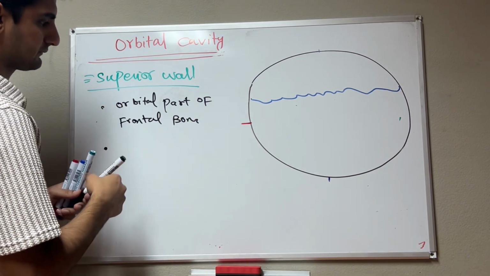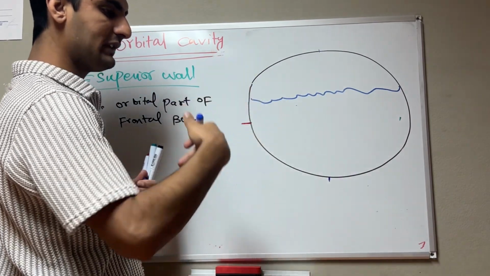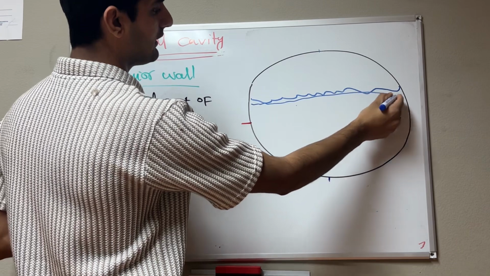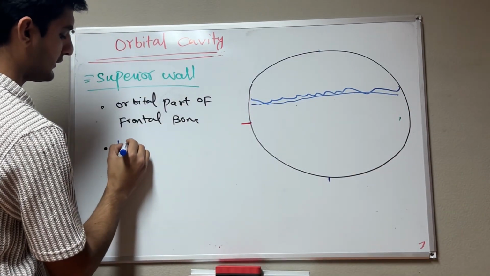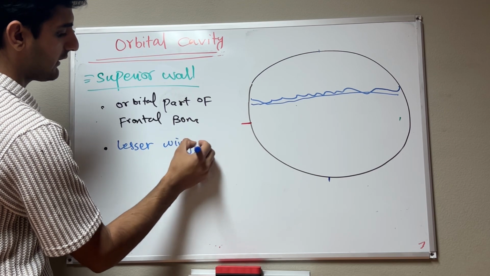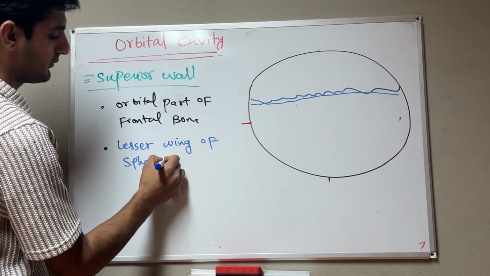Next, from the back side, if you see inside the cranial fossa, there the lesser wing of the sphenoid bone takes part.